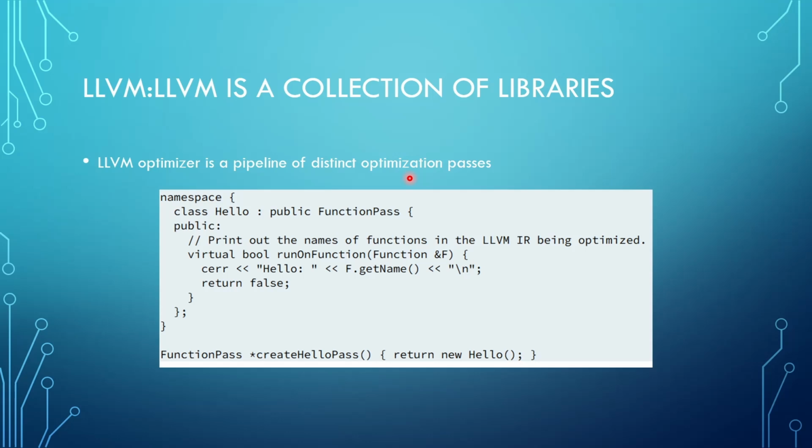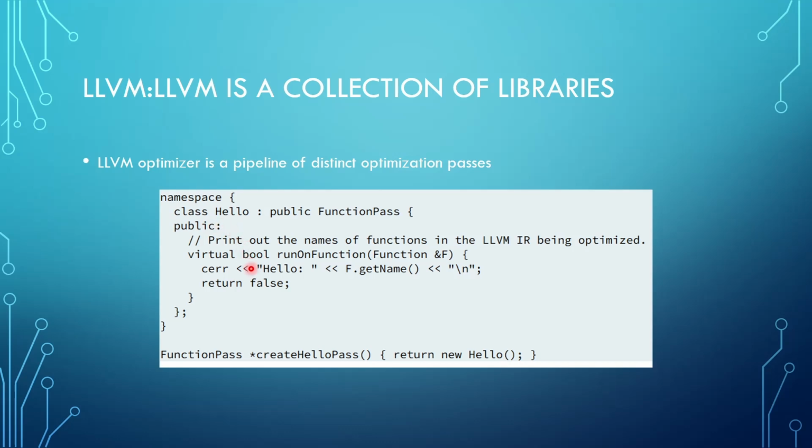Each LLVM pass is written as a C++ class, for example Hello here, that derives from the Pass class. Here it derives from FunctionPass, which itself derives from the Pass class. Most passes are written in a single C++ file, and this subclass is kept in an anonymous namespace so that this code is completely private to this file.